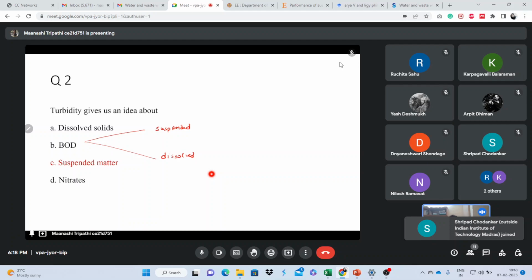When the BOD is suspended, it can give turbidity, but when the BOD is dissolved, it won't give any turbidity. In general, when we talk about BOD, we talk about dissolved only. So turbidity gives us an idea about suspended matter. Even if we are talking about suspended BOD, we are talking about suspended matter. So turbidity is all because of suspended matter.